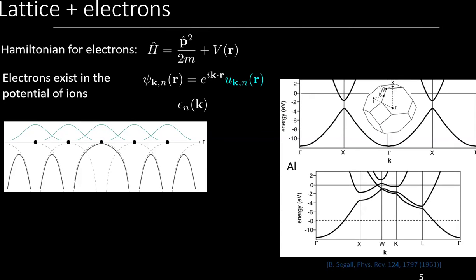Energies will be arranged on a set of energy levels, and they will form bands. Here I'm just showing the band structure for aluminum. In a real crystal, our electrons exist in some particular volume in real space. Bands, on the other hand, exist in a volume in momentum space.